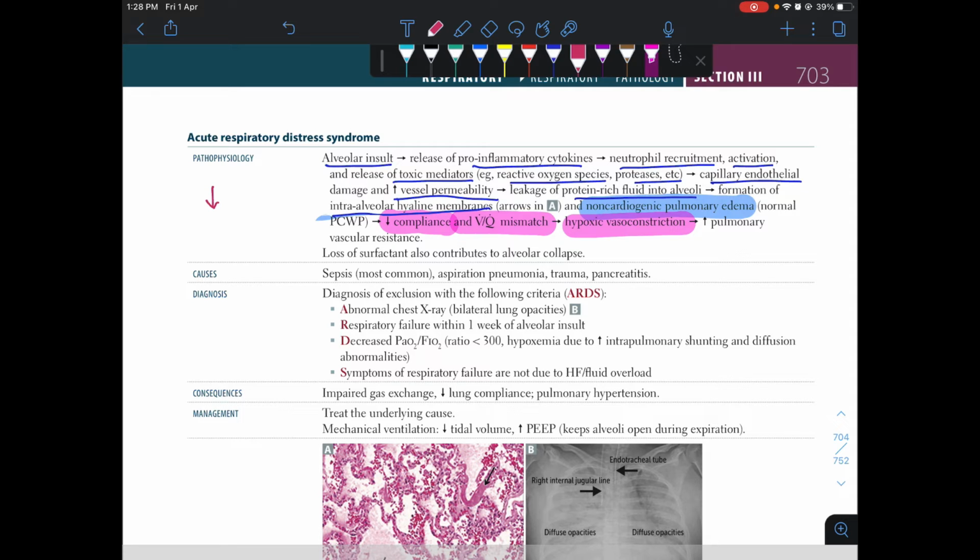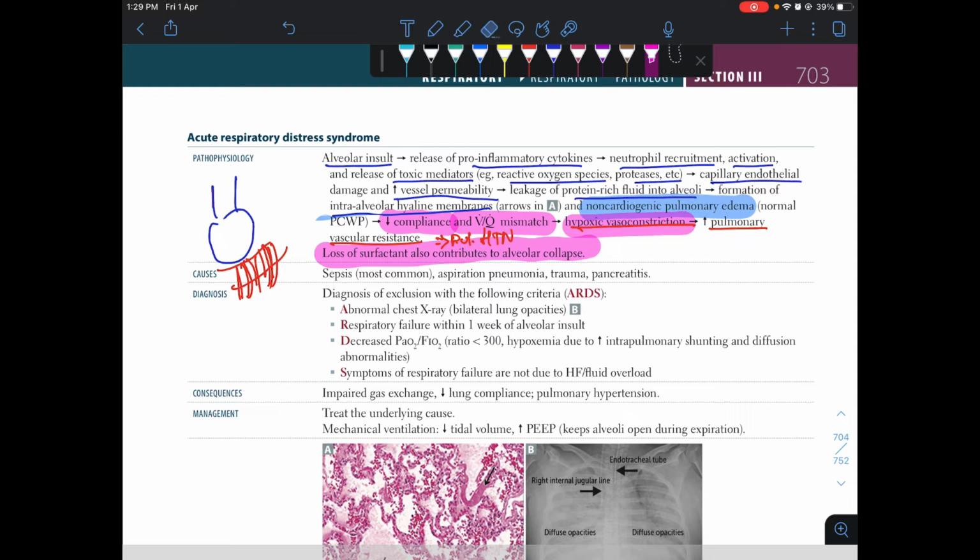There will be constriction of the surrounding capillary. If this occurs generalized, there will be generalized hypoxic vasoconstriction. This increases the pulmonary vascular resistance and hence leads to pulmonary hypertension. And the main important point to remember is here there will be loss of surfactant that leads to alveolar collapse.